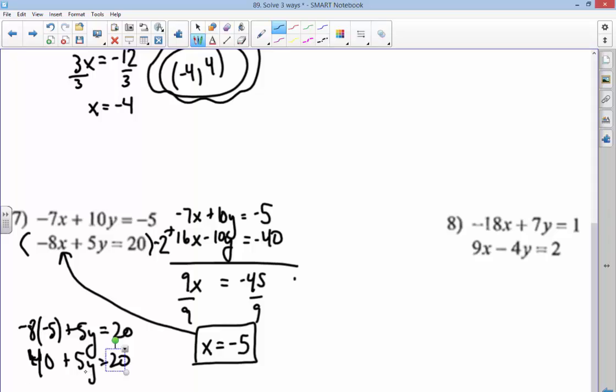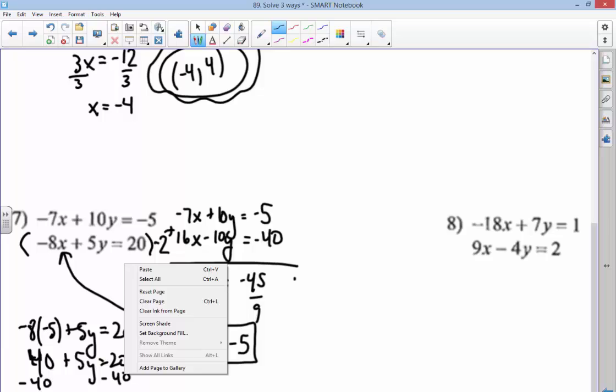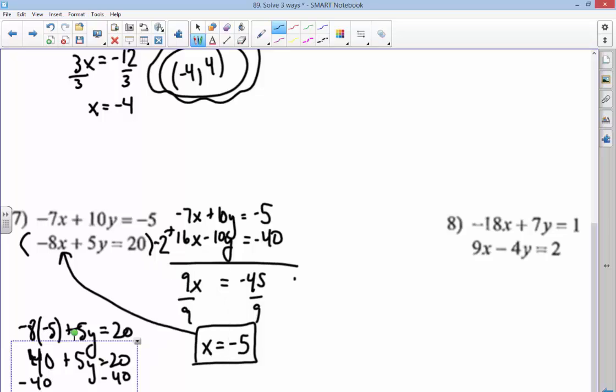And then to get the y alone, you subtract 40 first. And then divide by 5. So y is equal to negative 4. So the ordered pair solution appears to be negative 5, negative 4.